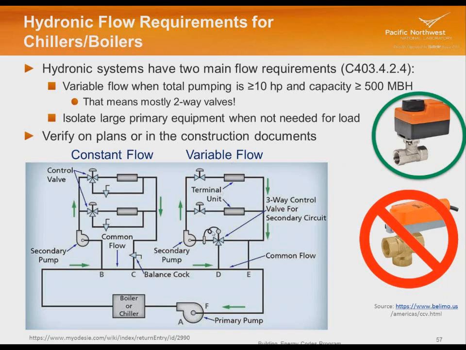In a two-way valve system, we pump out here based on what flow all the coils require. So we throttle back the valves based on what flow is required, and we bring that water back.